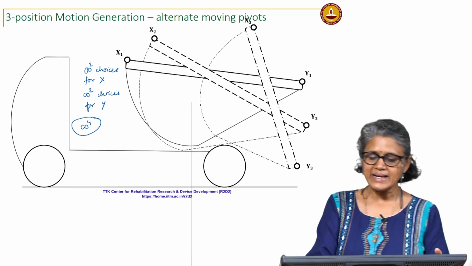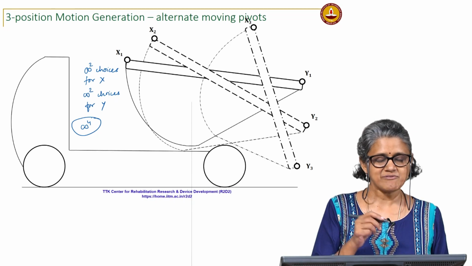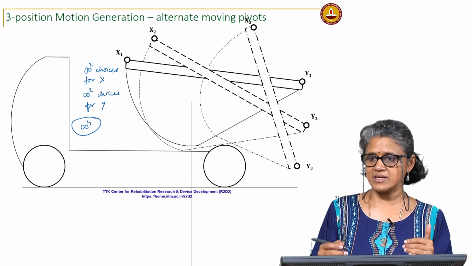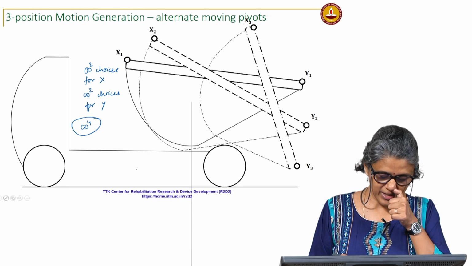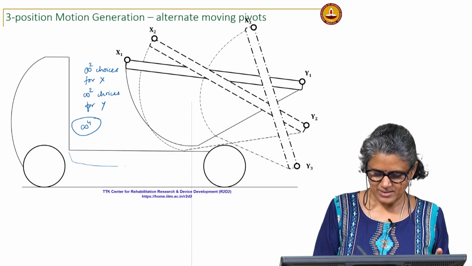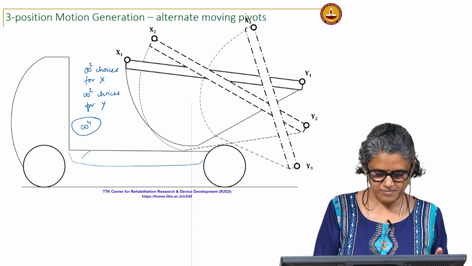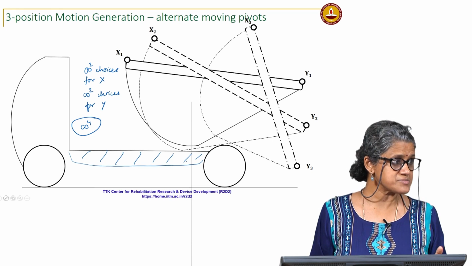It is more likely in real life that you will have constraints on where you locate the fixed pivots. So, you may say that this is the area in which I could possibly locate the fixed pivots.